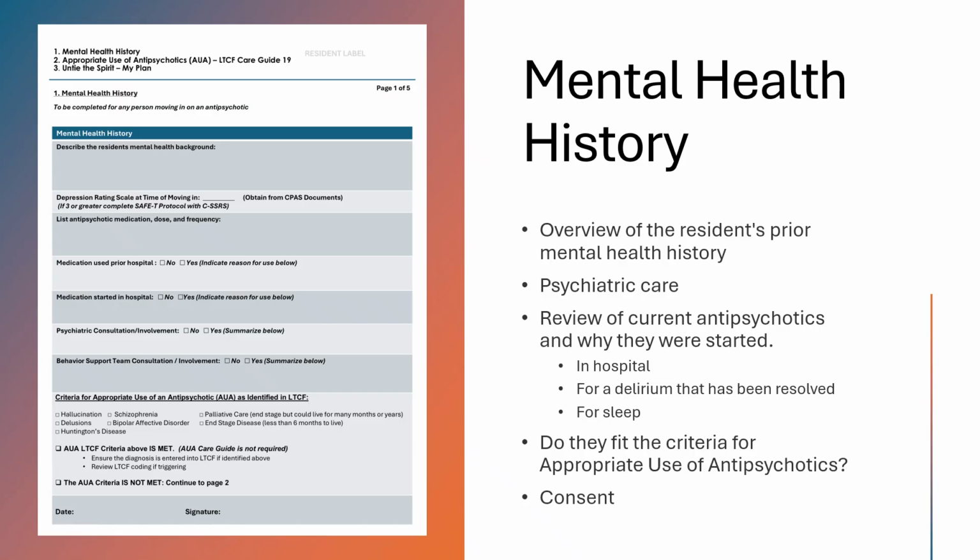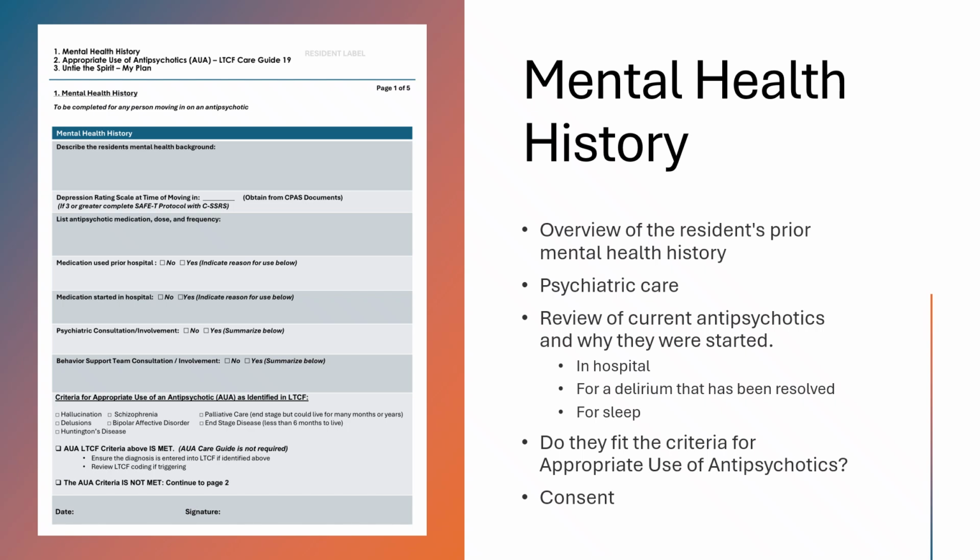So the mental health history is the first part of, I think, 5 or 6 pages. It will have an overview of the resident's prior mental health history and any psychiatric care that they've had. It also has a spot for reviewing current antipsychotics and trying to figure out why they were started. If they were started in hospital, was that for a delirium, and has that been resolved?